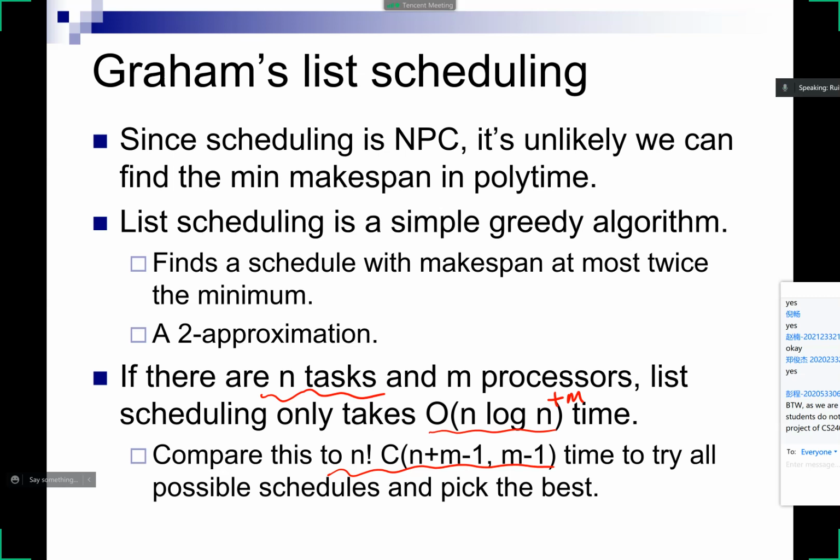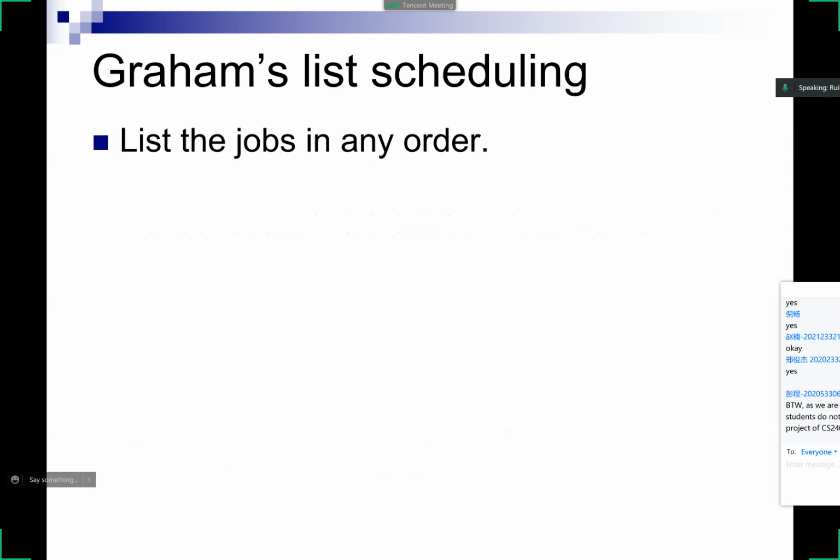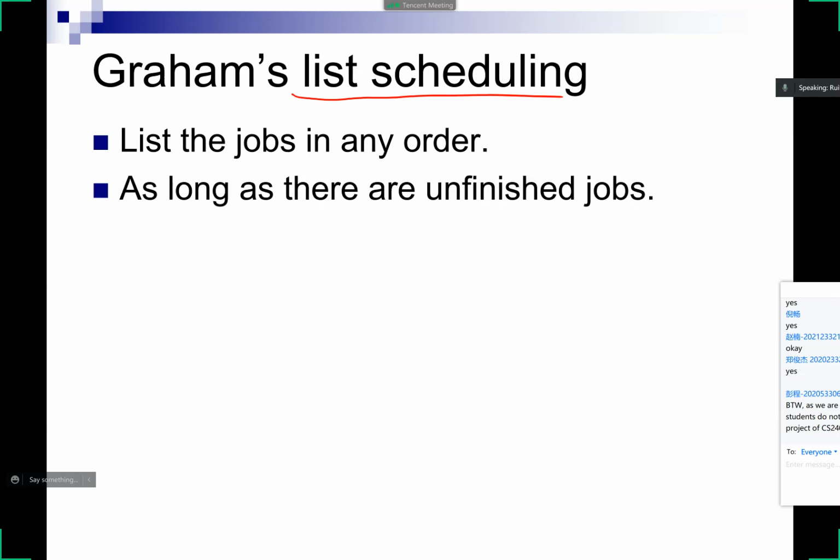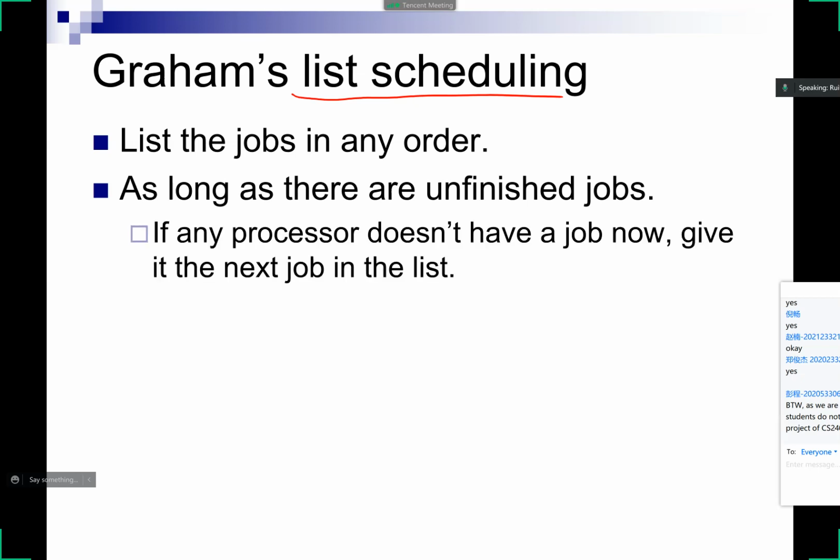The way Graham's list scheduling works, the name says it all. We list all of the jobs in any arbitrary order. Then, as long as there are unfinished jobs, if you see any processor which is not doing a job, meaning it finished all its assigned jobs and is idle, you take the next job from your list and give it to that processor.